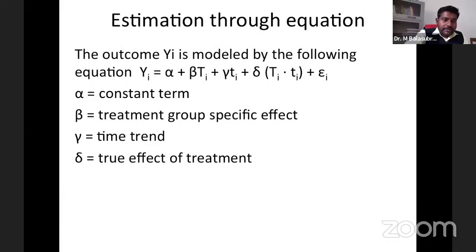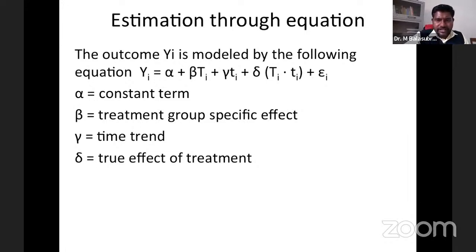The next coefficient is gamma, that is a time trend, which is common to both the control group and our treated group. The delta is our final coefficient, which explains the true effect of the treatment.